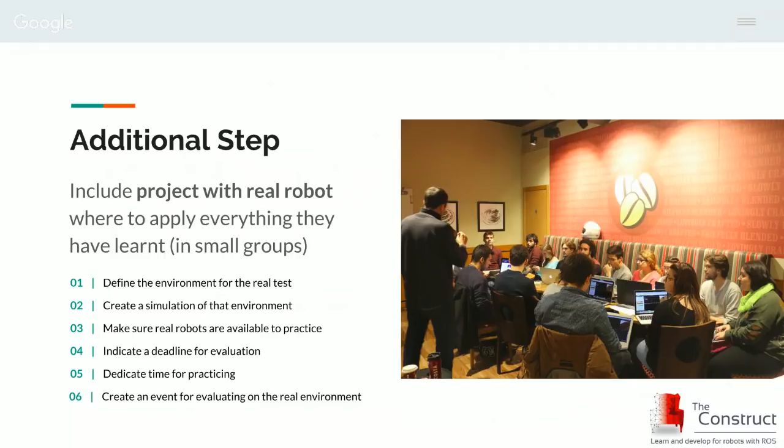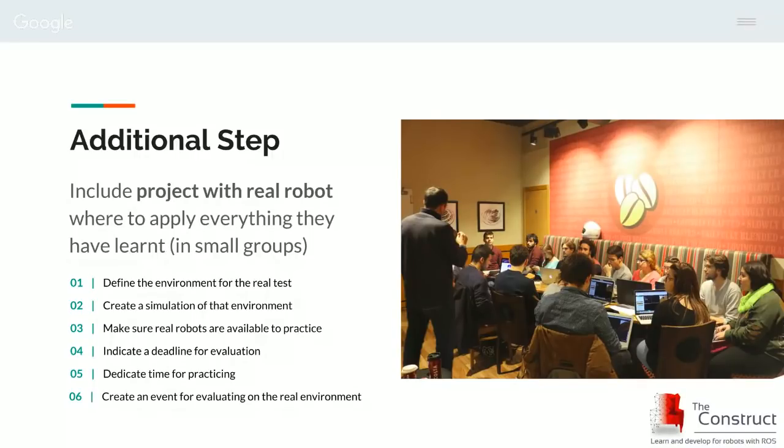Then in the next step, you make sure that you have those robots available for the students for practicing, even if not at the cafeteria or your environment. They have to be at the robotics lab so that they can, at some point in time, transfer the controllers from the simulation system into the real robot and see what happens.